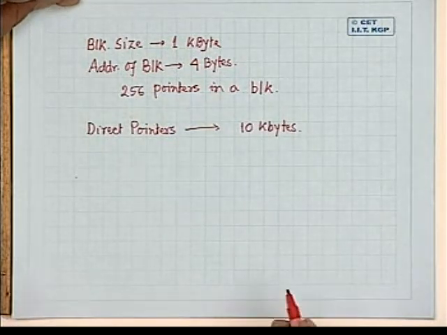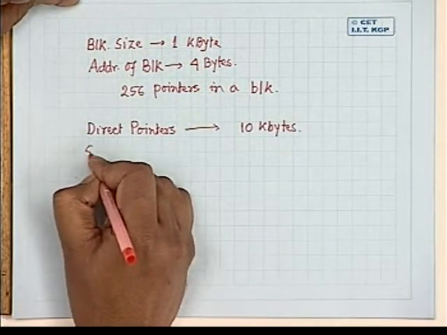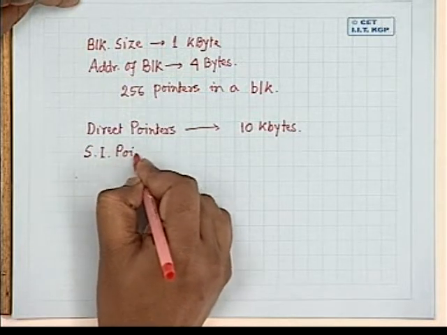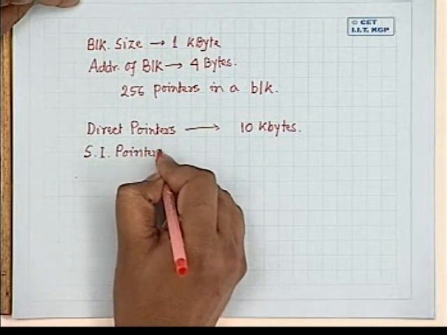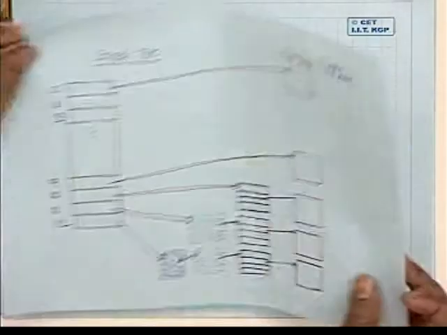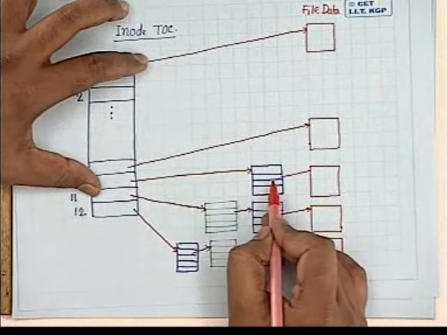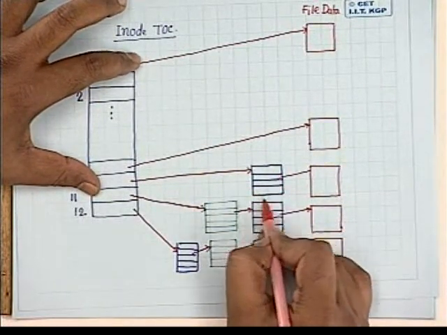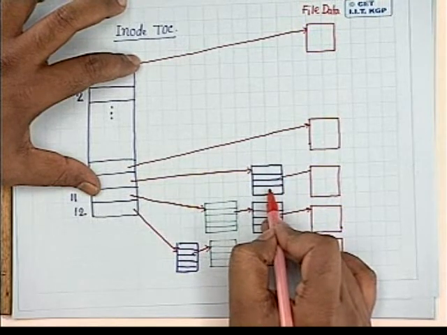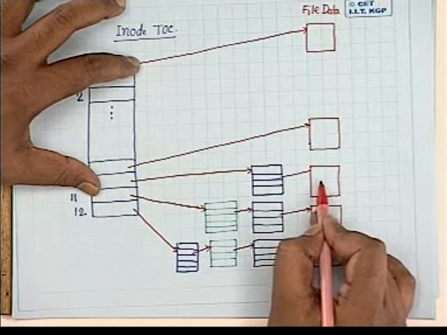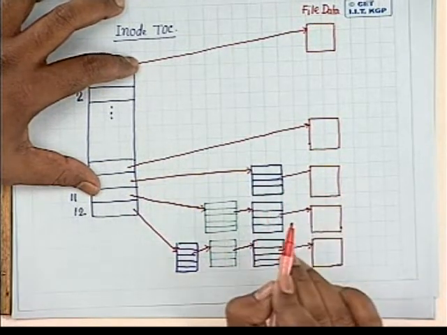Okay. Then following single indirect pointers, single indirect pointer points to a block which contains the set of pointers. In this case, I can have 256 number of pointers. Using 256 pointers, I can point to 256 blocks which will contain the file data.